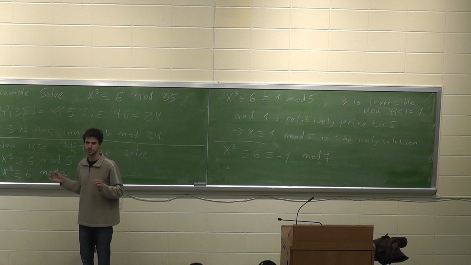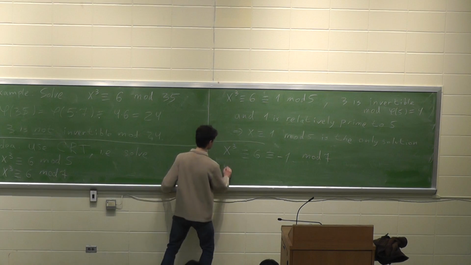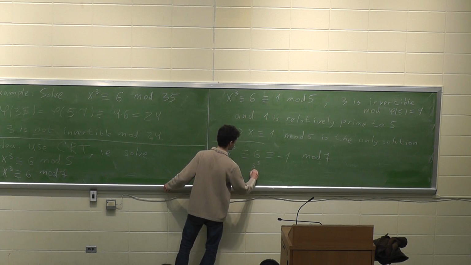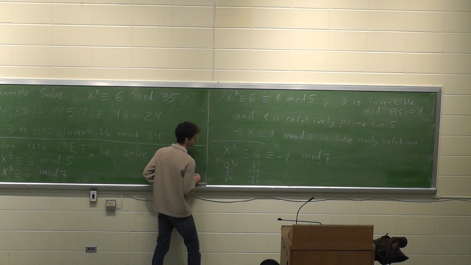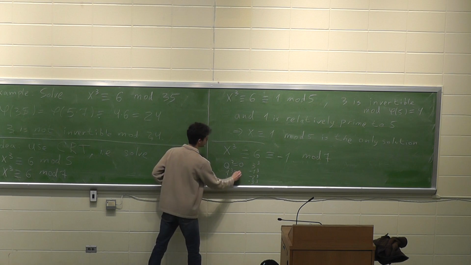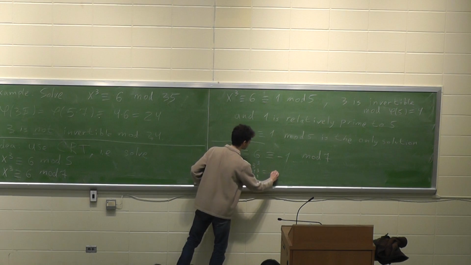Just try all possibilities. So 0 cubed, 1 cubed, 2 cubed, 3 cubed, -1 cubed, -2 cubed, -3 cubed. Let's compute. 0 cubed is 0, 1 cubed is 1, so it's not good. Well, but -1 cubed is -1.